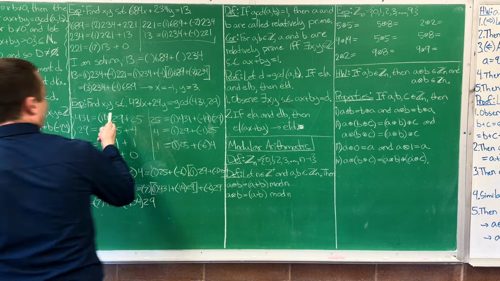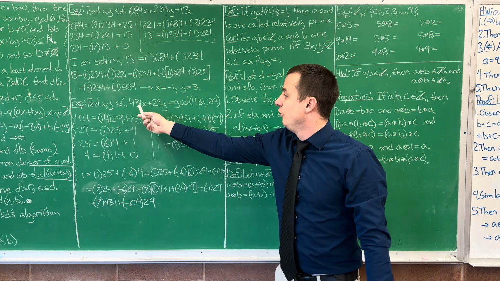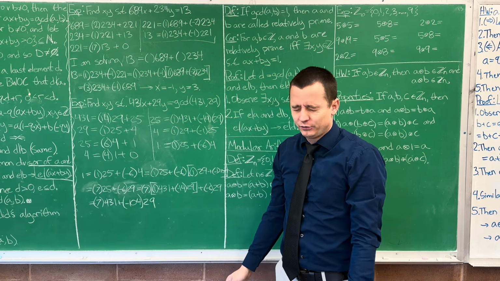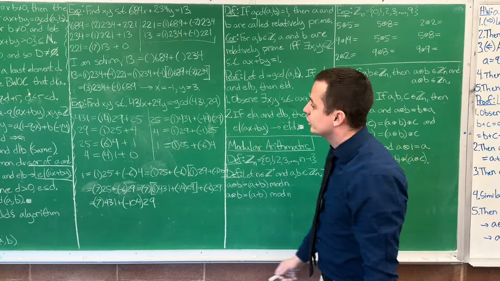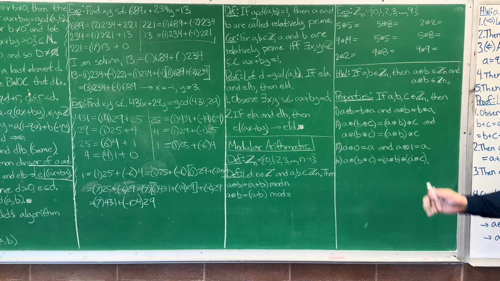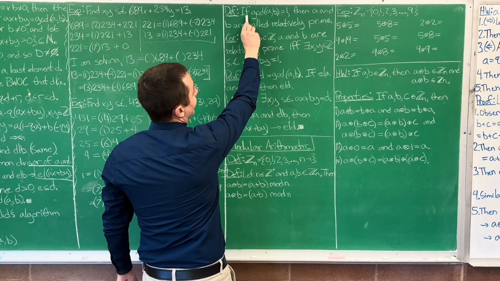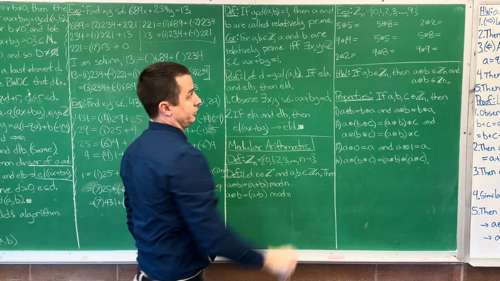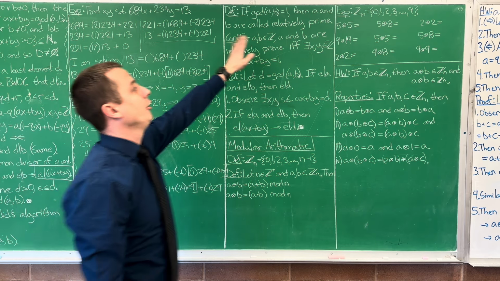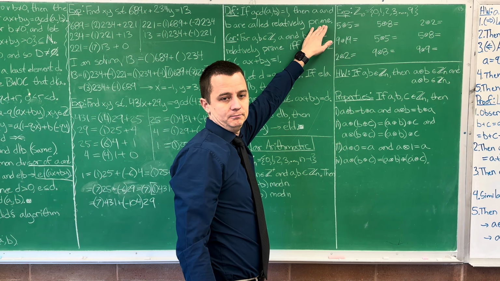Now you'll notice in this case, 431 and 29, what was our greatest common divisor? 1. 1 was the biggest number that went into both of them. So we say that if the greatest common divisor of two numbers is equal to 1, then we call those numbers relatively prime.